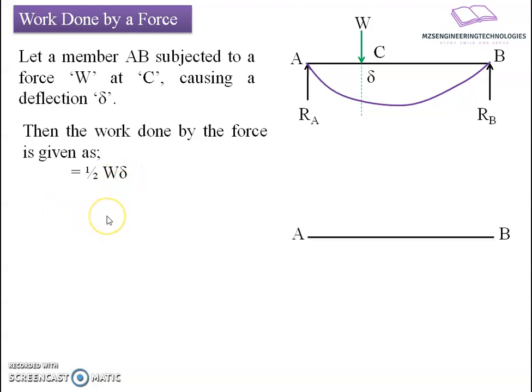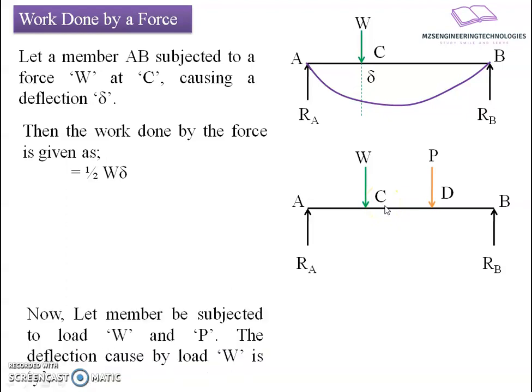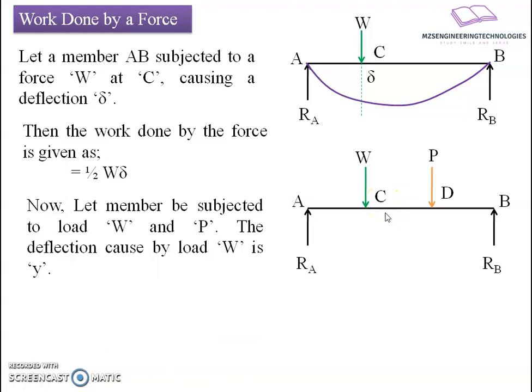Okay, now let us extend this concept to the case where there are two forces acting on the span of the beam, and let us consider that the force W is going to cause a deflection of the beam. So if I want to know the deflection of this beam, let us say W is going to cause a deflection of Y on this beam.